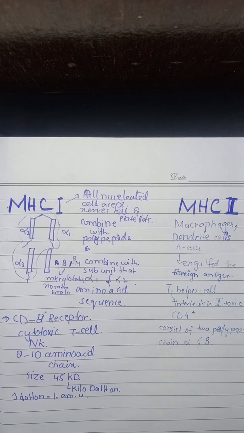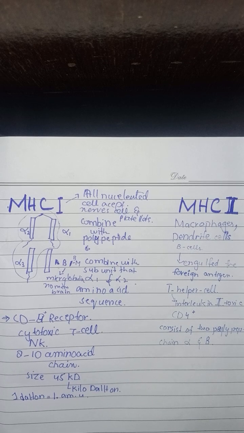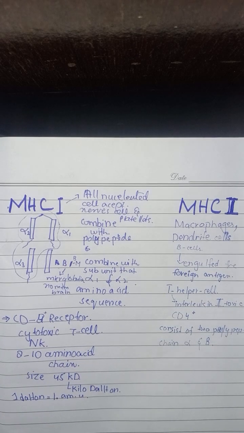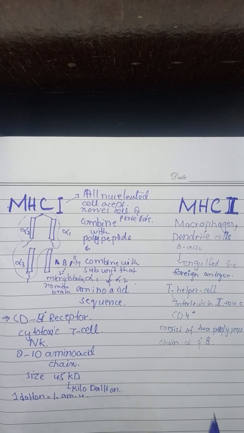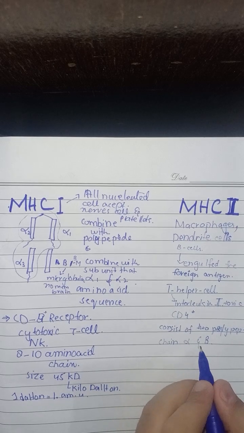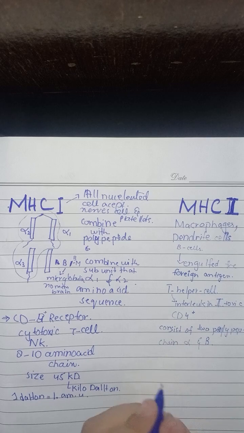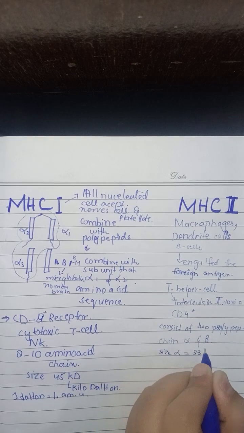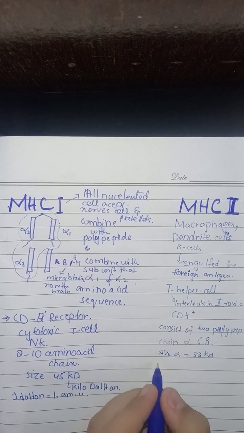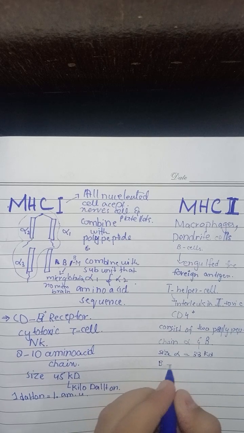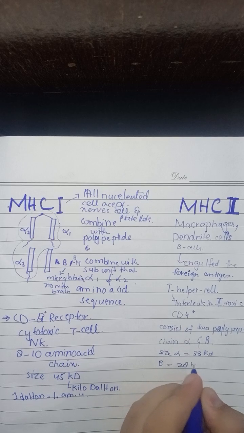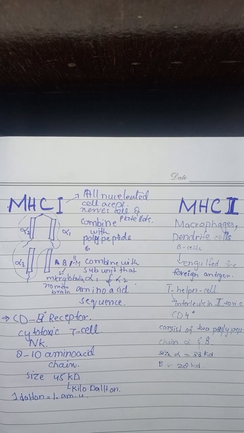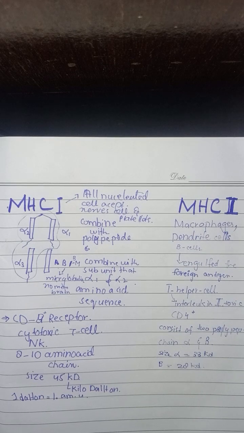Now the most important thing is that the size of MHC1 was 45 kilodalton, while here we have two different chains, alpha chain is different, beta chain is different, so both have different sizes. The size of alpha is 33 kilodalton, and the beta has 28 kilodalton.